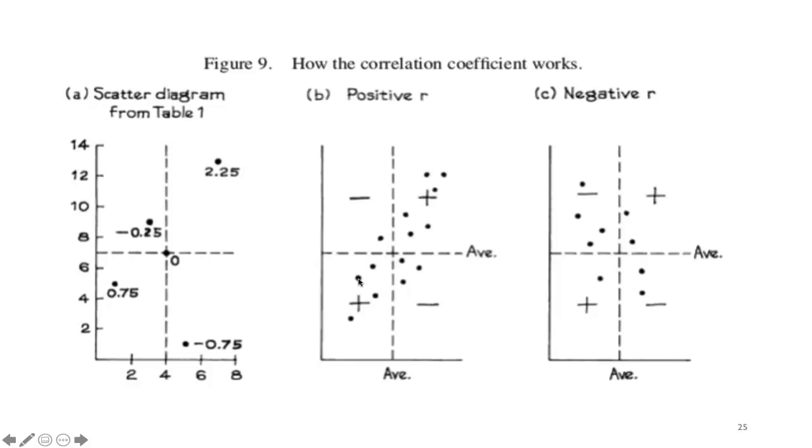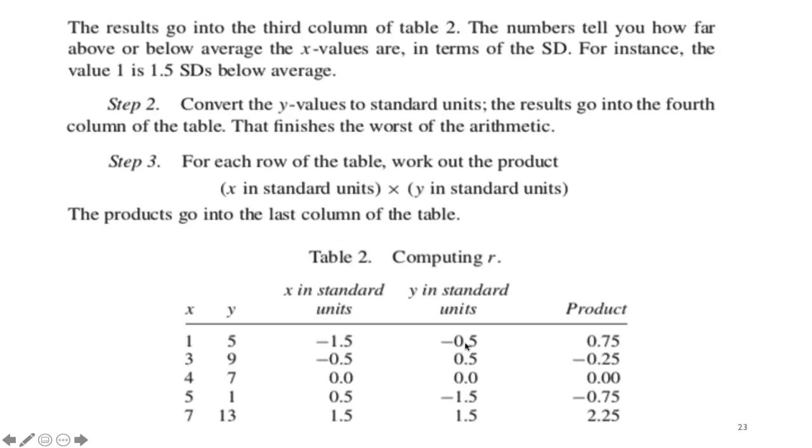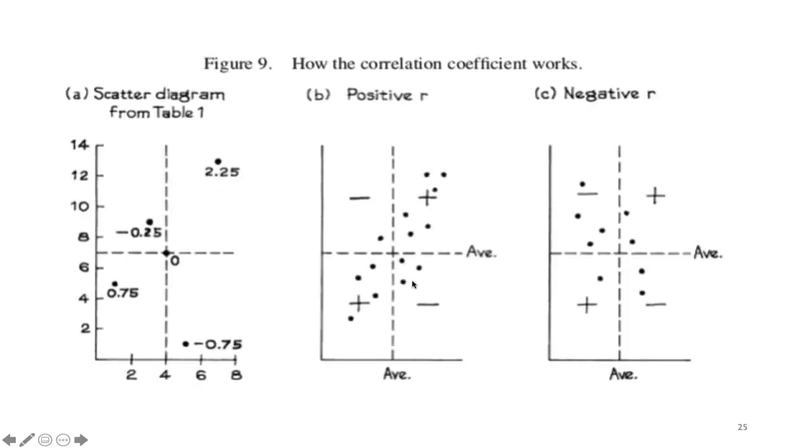That means when we compute the standard units, those will be two negative numbers. When you multiply them, you get a positive number. So that means that if a point is below here, when you multiply them, it also gives you a positive number. If you have more positive numbers in this than in the negative direction, then the correlation will be positive, which means that we have a sloping up correlation.